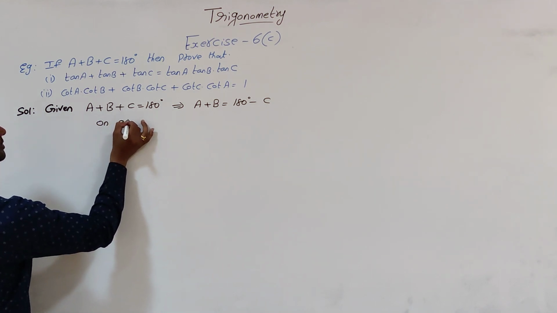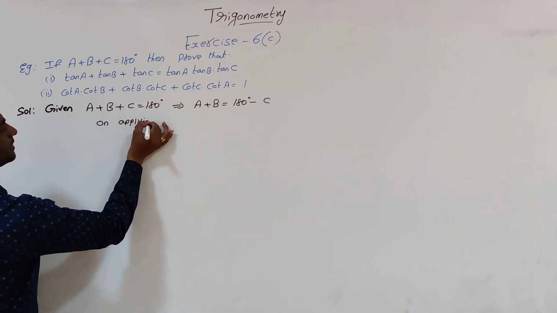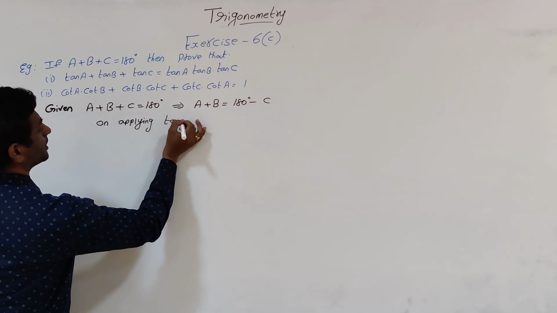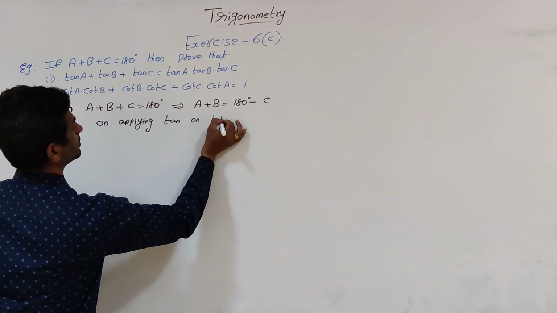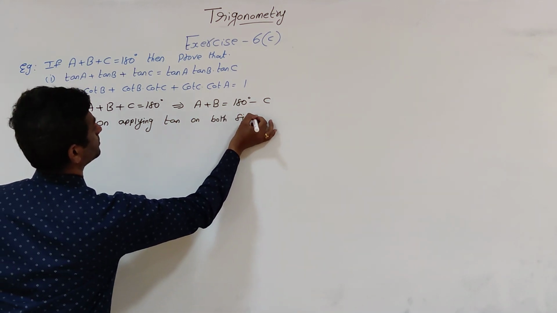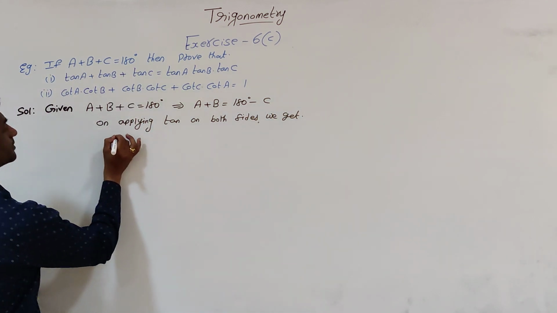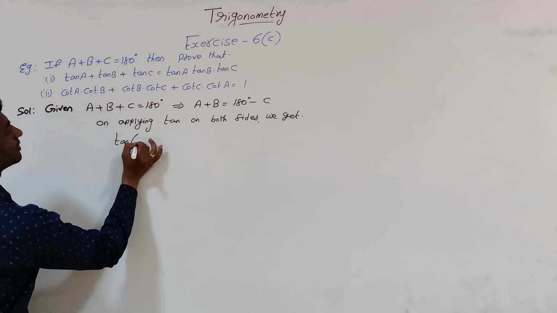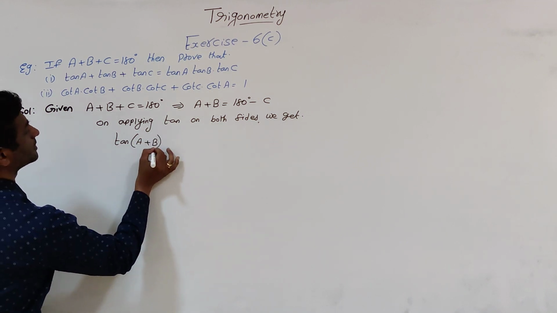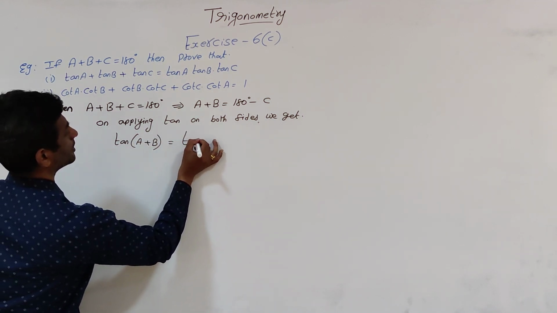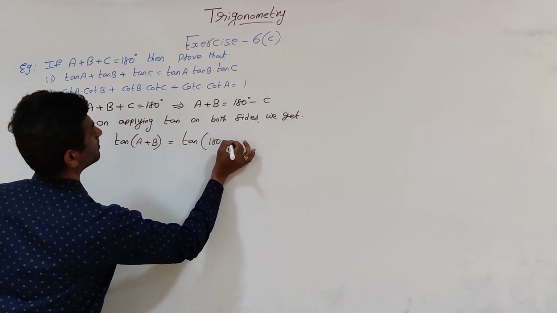On applying tan on both sides, we get tan of A plus B is equal to tan of 180 minus C.